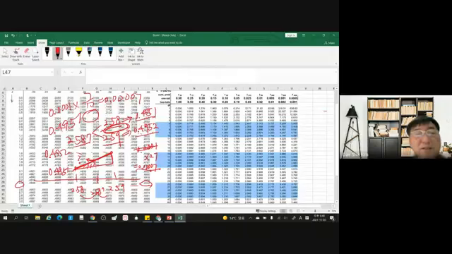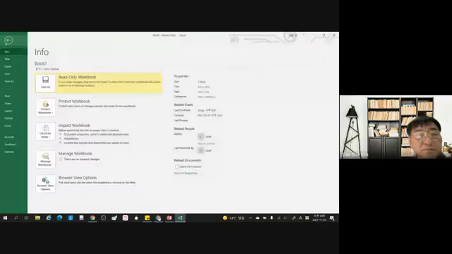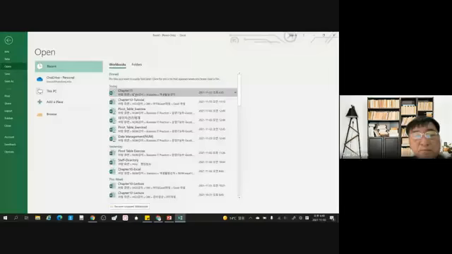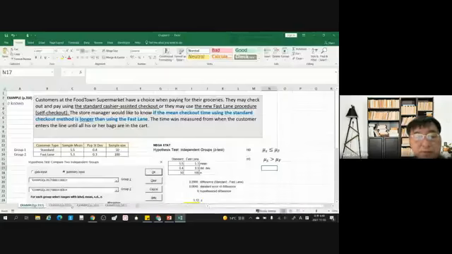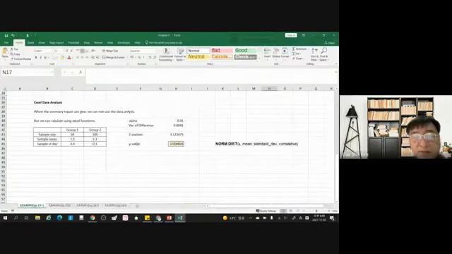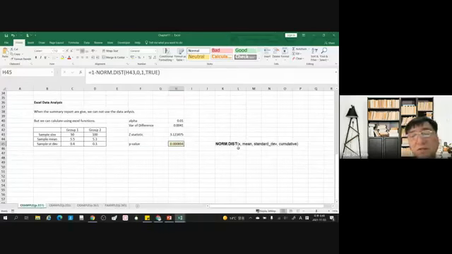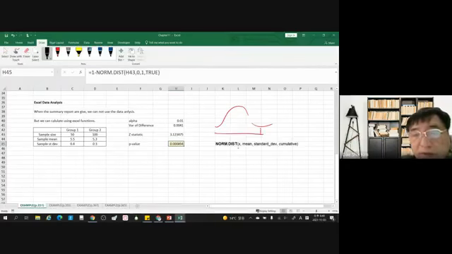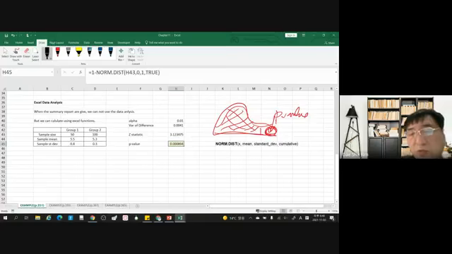Examples are like this: how to calculate NORM.DIST. NORM.DIST shows everything like this. And then to calculate this one, minus the shaded area is the p-value in a one-tail problem. For two-tail, you need another half, the left-hand side.